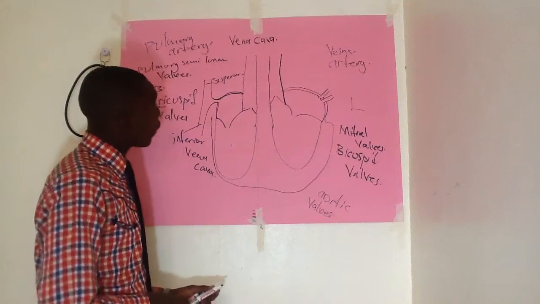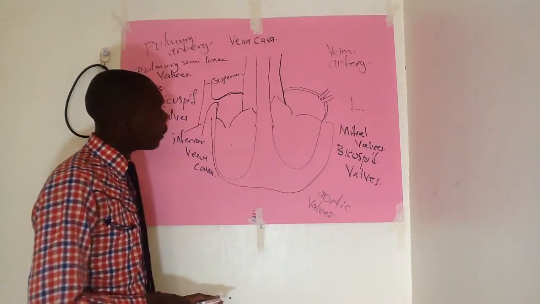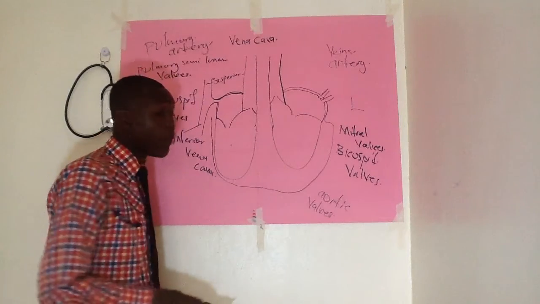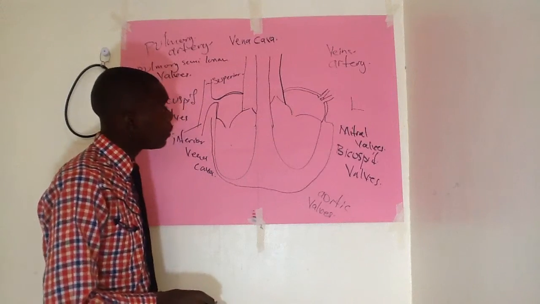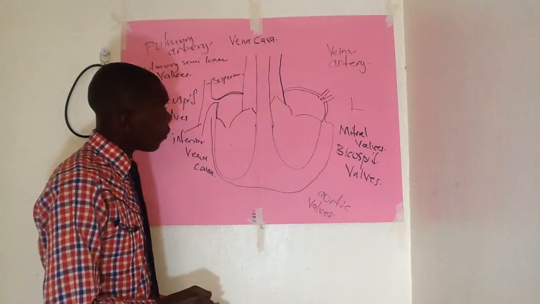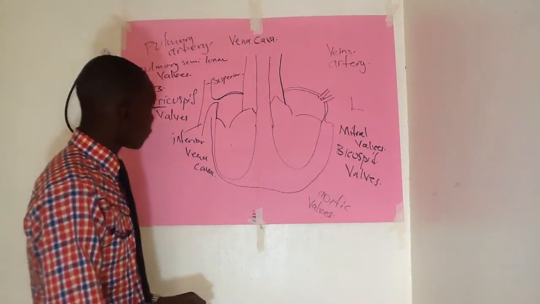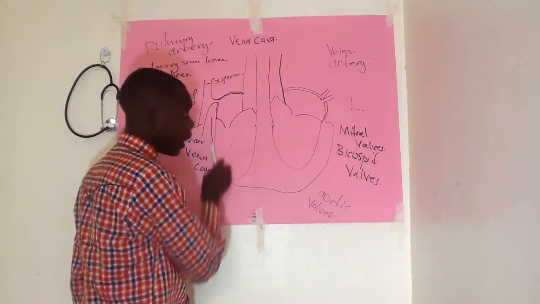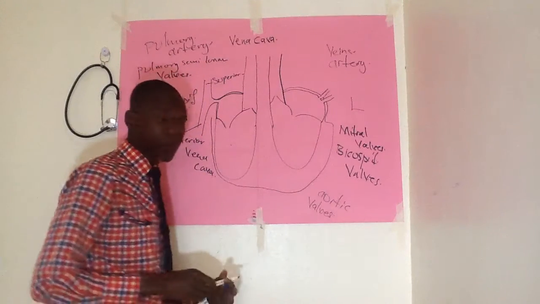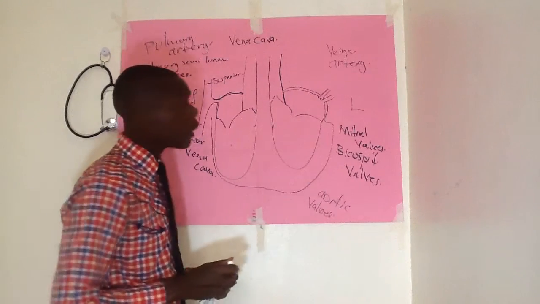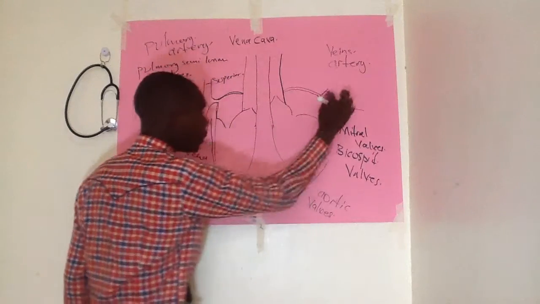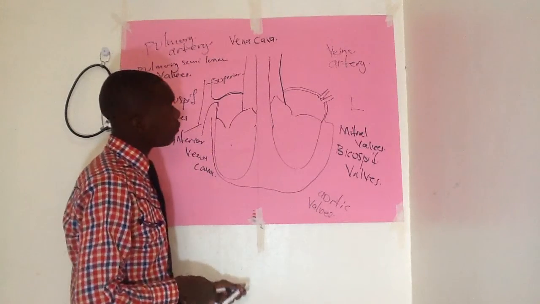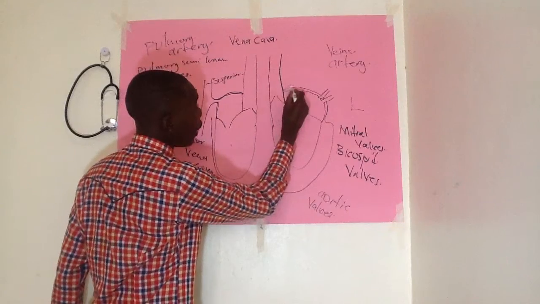Now, we can go further to the histological part of the anatomy of the heart. So, the heart, when we look at the outer part of the heart, it is known as the pericardium.